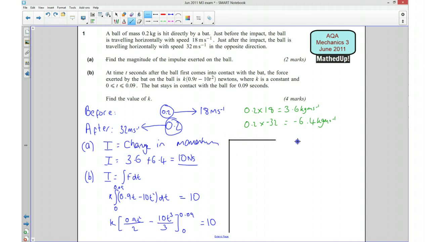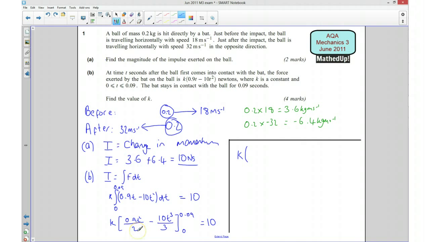Coming over here, if I now sub in my limits, obviously when I sub in the 0, this is just going to be 0, so I'm going to have k times, and I'm going to sub in my 0.09.